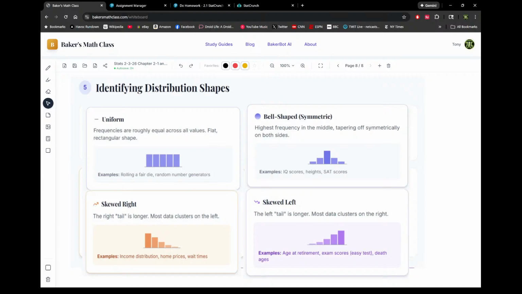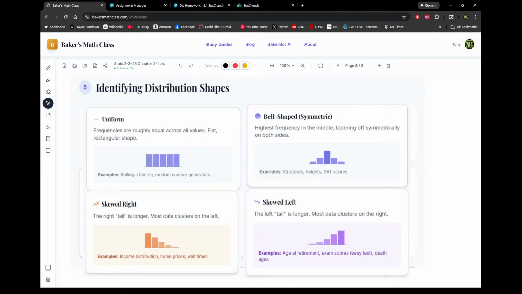IQ scores, heights, SAT scores, pretty much any set of data that when you start to collect a lot of it is going to fall into this symmetric curve where the majority of the data is in the middle, and as you get further and further out, it becomes less and less.